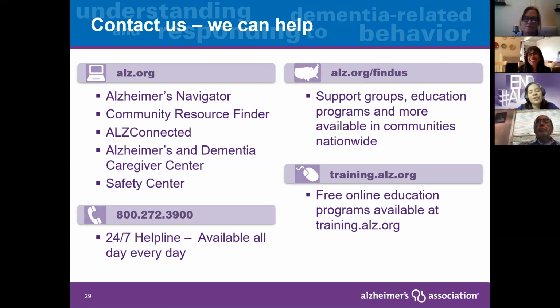And just so you know, what we have here is the Alzheimer's Community Resource Finder, to find these kinds of presentations happening weekly, or ALS Connected. ALS Connected is that blog, that chat room, and there are very active caregivers constantly answering questions, saying, oh, that happened to my mom and it was this.